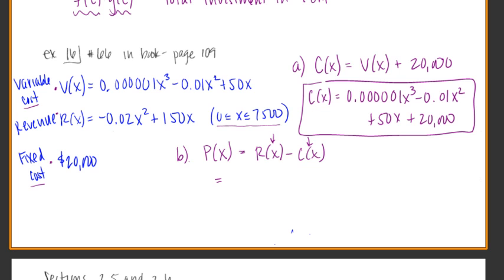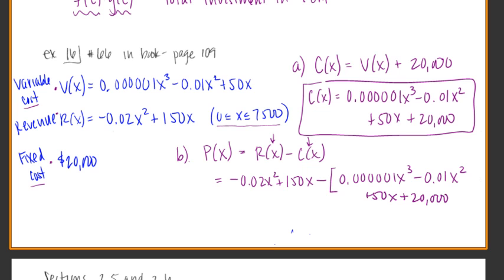So this is going to be our revenue function, which is negative 0.02x squared plus 150x minus all of what we just described in part A. I'm going to put that in a big parentheses, because I have to subtract all of that: 0.000001x cubed minus 0.01x squared plus 50x plus 20,000.